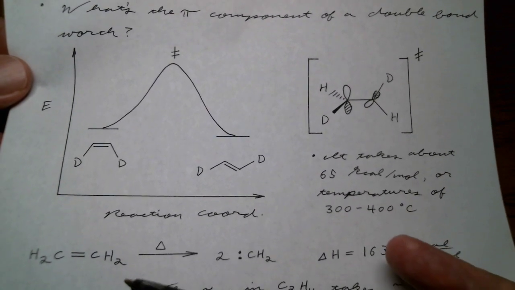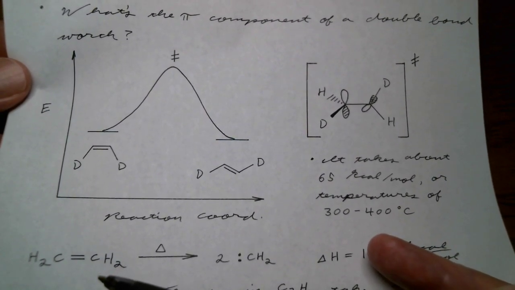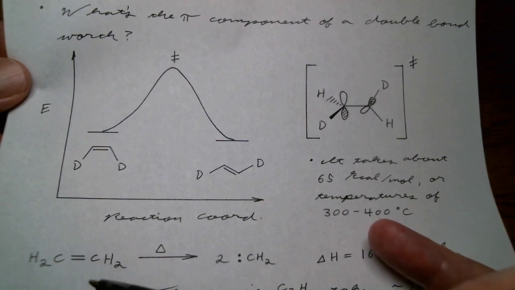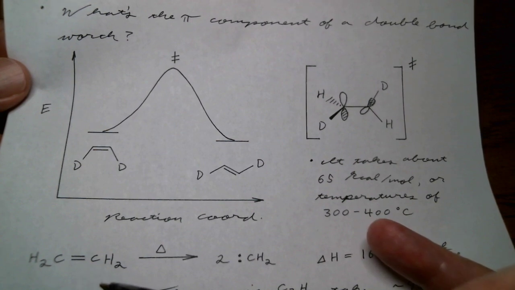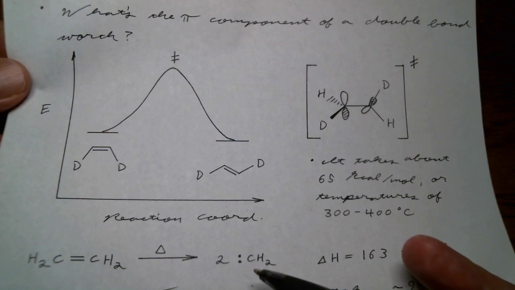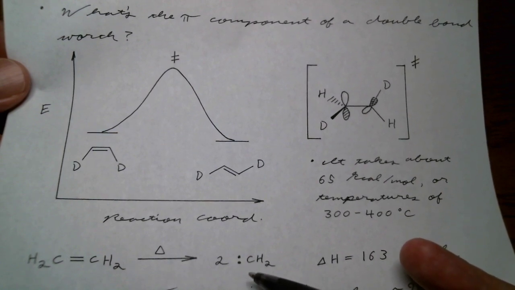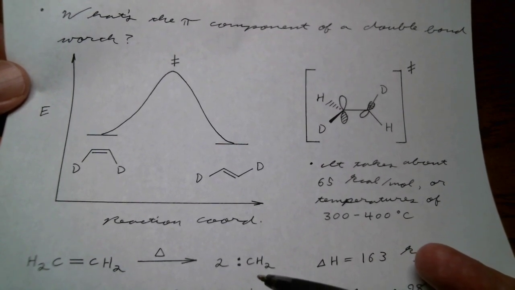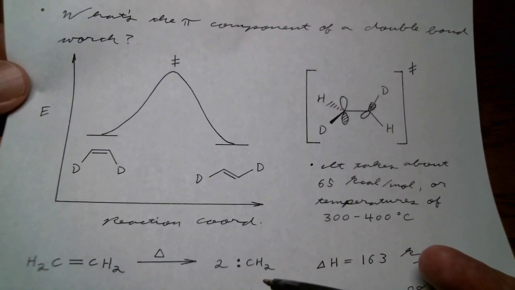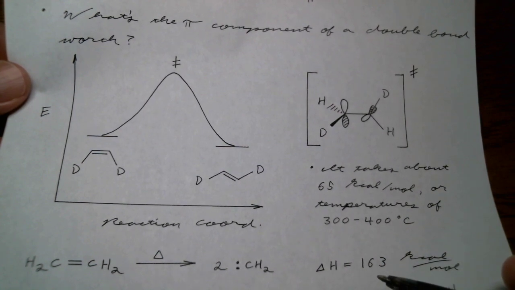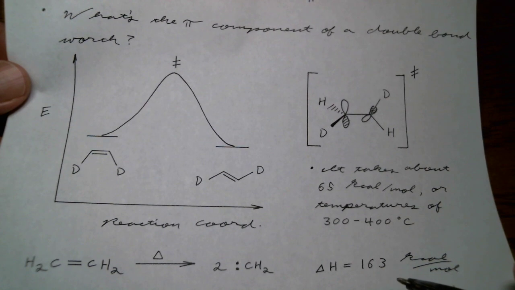If you were to totally break that double bond in a homolytic fashion, so each CH2 is acting like a carbene after you've broken that bond because you've shared the 4 electrons in those 2 bonds evenly, that would cost you 163 kcals per mole.